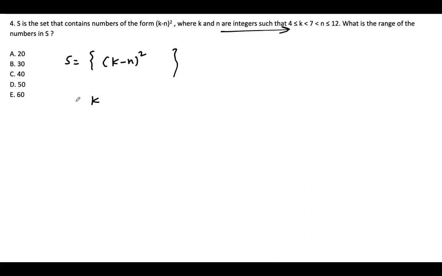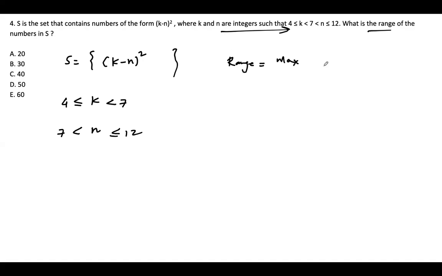Such that K is between 4 and 7, 4 included, and n is greater than 7 but less than or equal to 12.